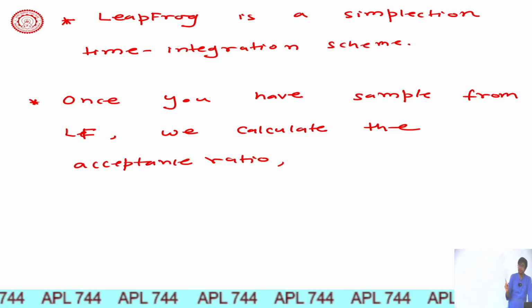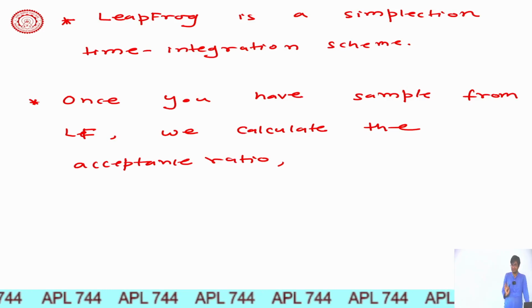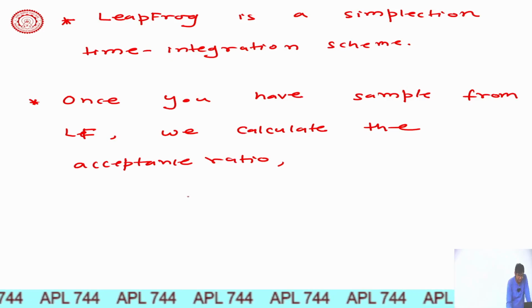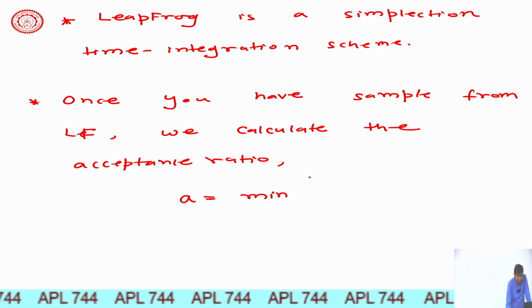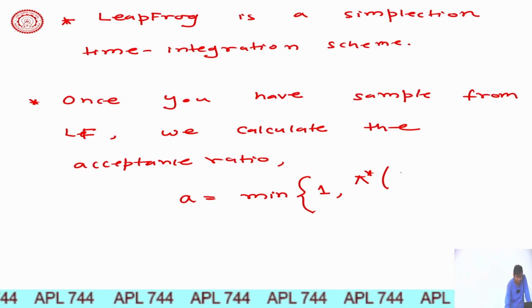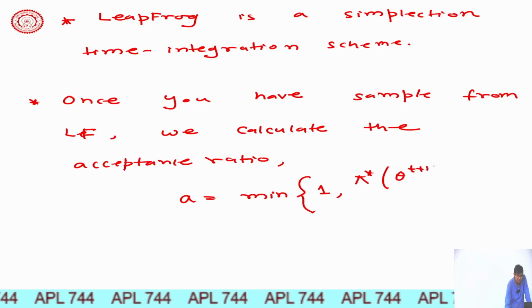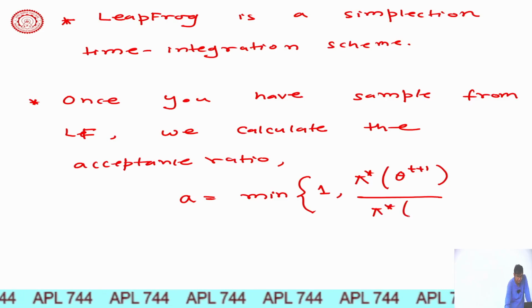And I am telling you that we calculate the acceptance ratio following the Metropolis algorithm scheme, not the Metropolis-Hastings. And you will tell me why. So we calculated using A is equal to minimum of 1, pi star of whatever theta you got now, divided by whatever theta you had.